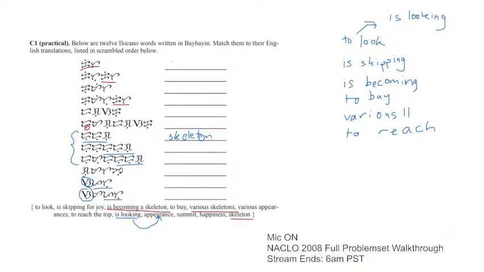Alright, so appearance is here. Oops. Appearance. And then we'll have various appearances like here. The one issue is that if we put various appearances here, how are we gonna find various skeletons?